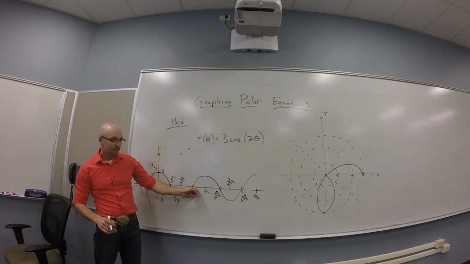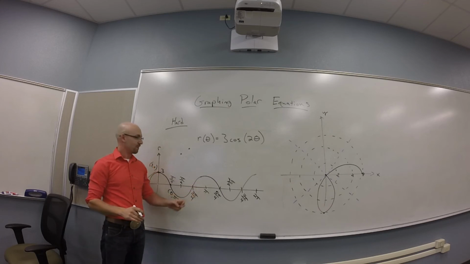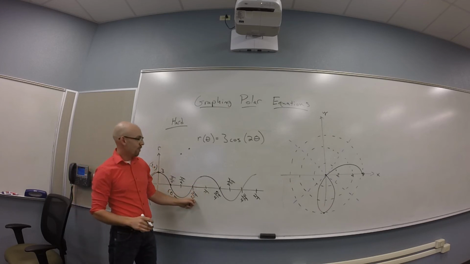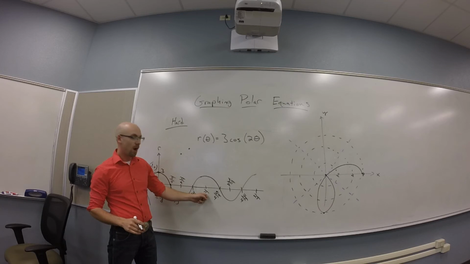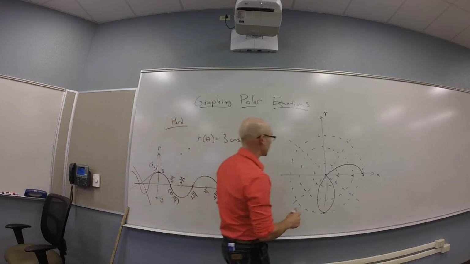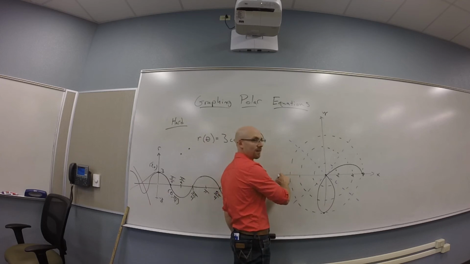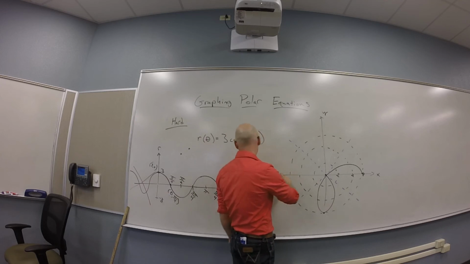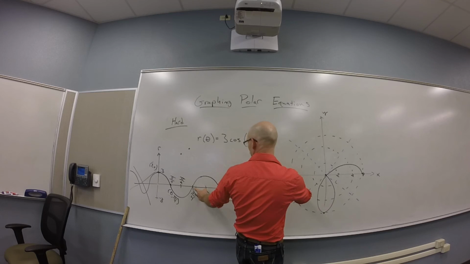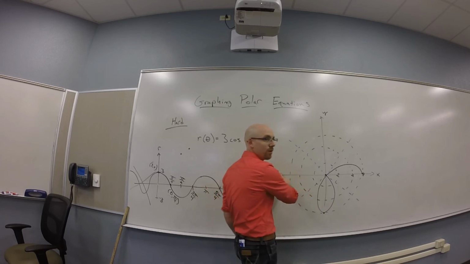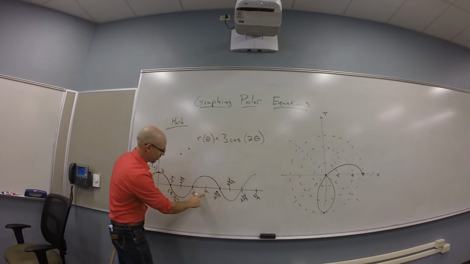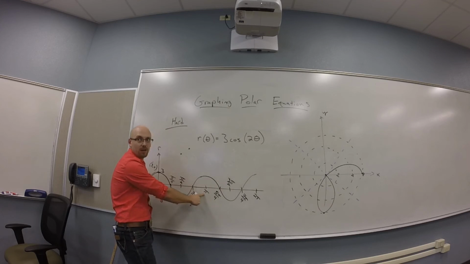Let's see, so then my next guy should be positive and easy to draw. And it's between 3 pi over 4 and pi. So that's these angles in here. And I'm going from the origin up to 3 comma pi.